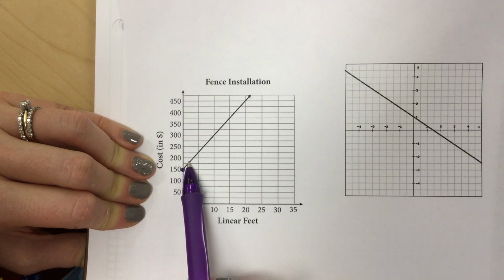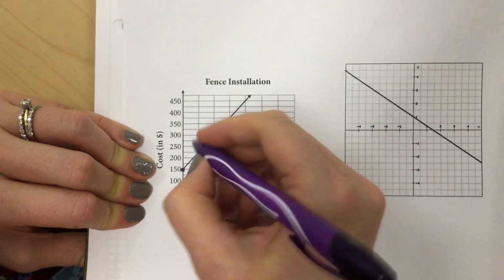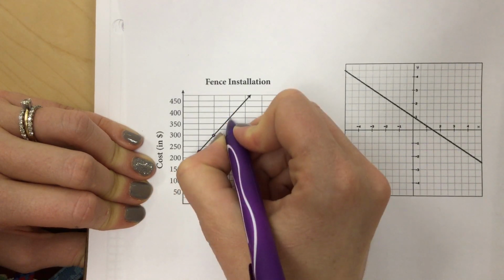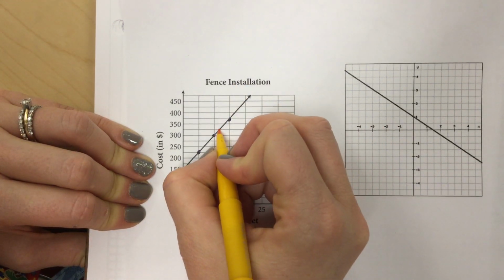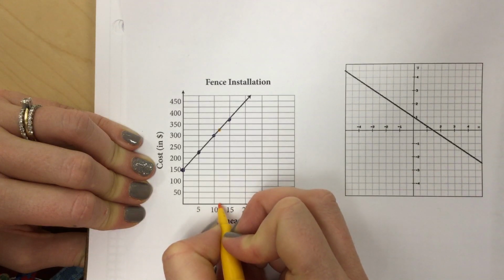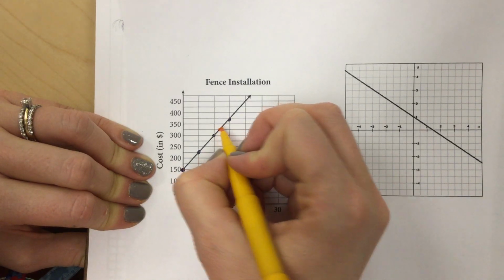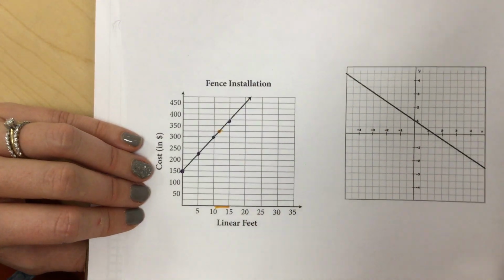And it kind of is running in between, but then, when I get to my next line on the x-axis, it fits really nicely in there for all of these. You do not want to use this point because that point doesn't line up really well here. We'd have to estimate how far between 10 and 15 this point is, and that's not what we want to do. We want to try and be as accurate as possible.